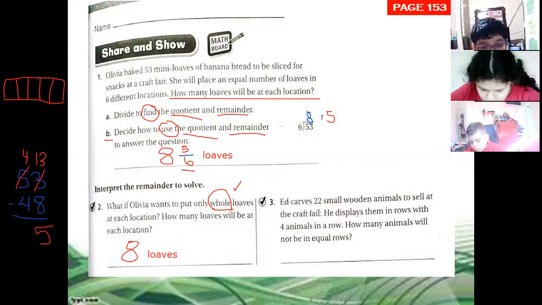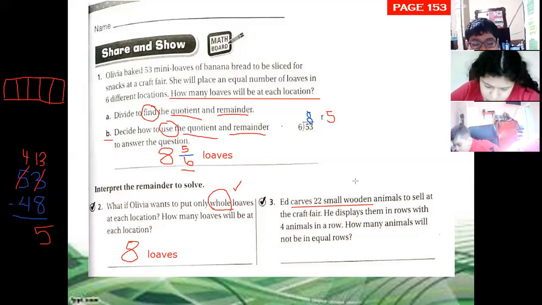Exercise. Ed carves 22 small wooden animals. Carve es tallar. Wooden animals. Tallar. To sell at the craft fair. He displays them in rows with 4 animals in each row.